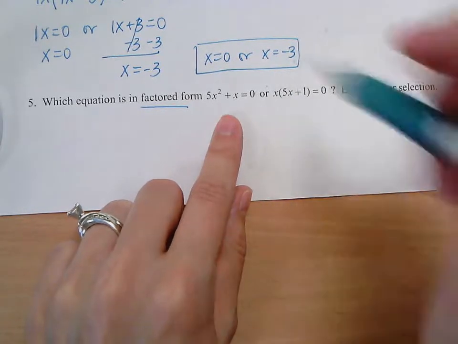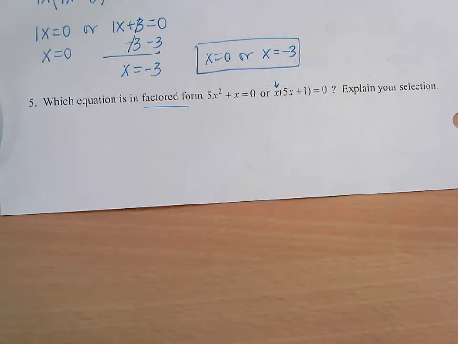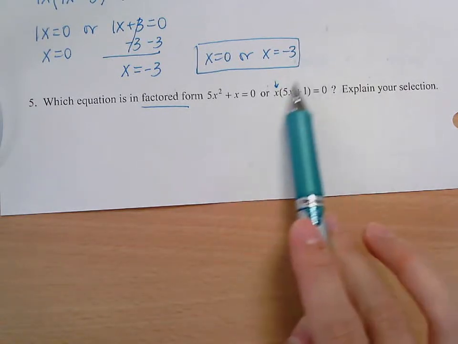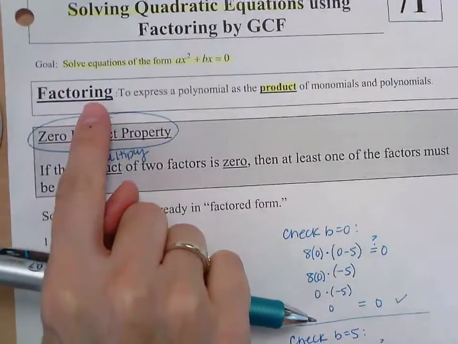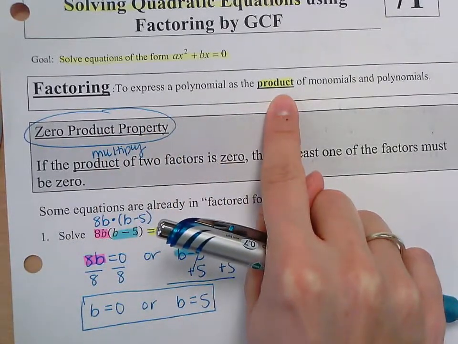Okay. Or the 1x. Okay, because they divided the x out. Okay. Going along with that, so yes, equation 2 is the one that's factored. So going back to what it means to be factored, it's expressing a polynomial as a product.